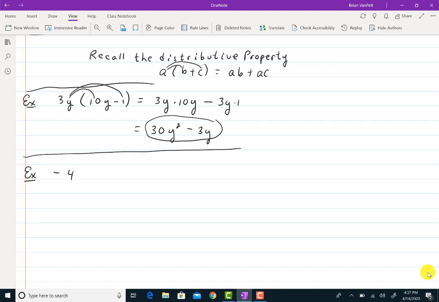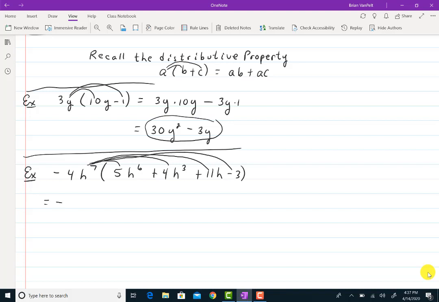Negative 4h to the 7th power times 5h to the 6th plus 4h to the 3rd plus 11h minus 3. When I use the distributive property, I've got to take this thing and multiply it by all four pieces in the parentheses.